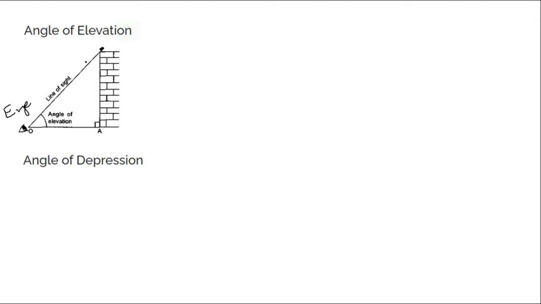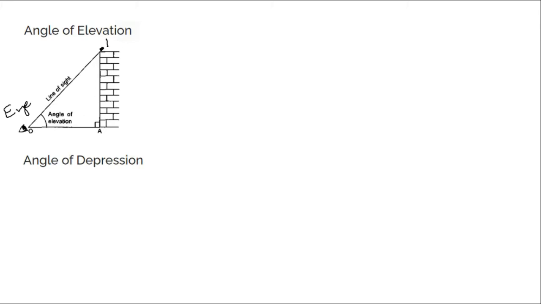There is a straight line connecting the object and the eye. It is called the line of sight. And there is an angle found between the horizontal line and the object. It is called the angle of elevation.